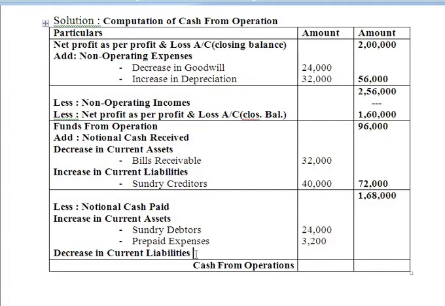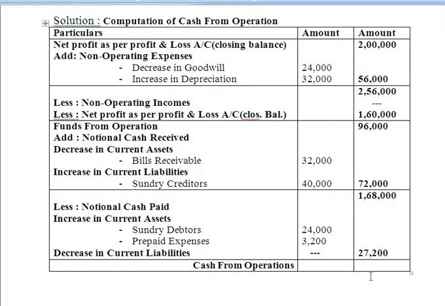Now we had only one current liability, and that increase in current liability we have already taken in notional cash received. So there is no decrease in current liabilities. So here put a dash. Make the total: 24,000 plus 3,200, it is 27,200.